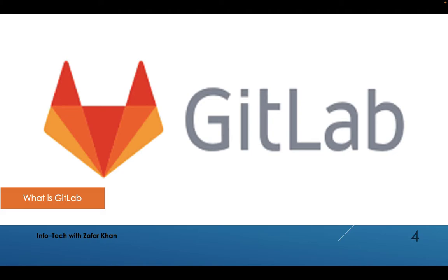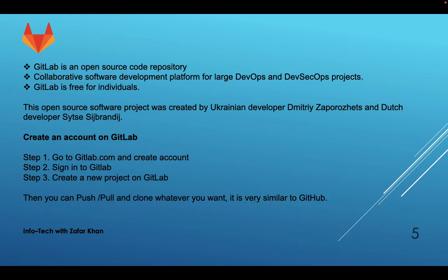Now what is GitLab? GitLab is an open source code repository and collaborative software development platform for large DevOps and DevSecOps projects. DevSecOps means develop, secure, and operate projects. GitLab is free for every individual.